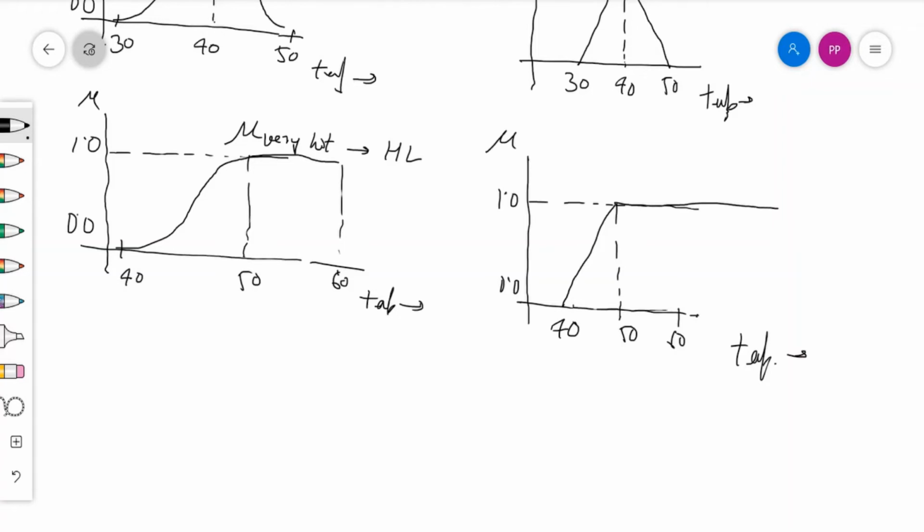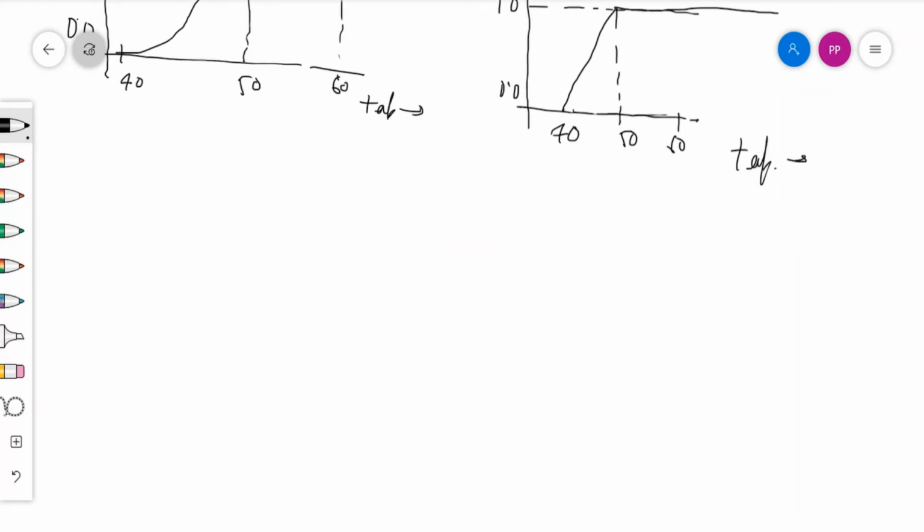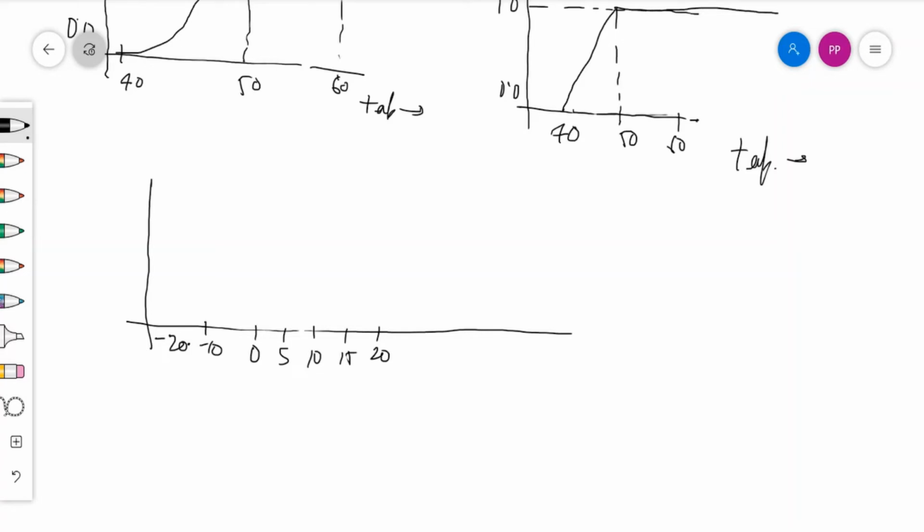Now if you see the plot many times in the book, you will see the combination of the plots. So let me draw the curve first. We have gone from the range of minus 20 degrees Celsius to 60 degrees Celsius. You start from minus 20, then minus 10, then 0, then 10, in between there is 5, then 20, in between there is 15, then 30, then 40, then 50, then 60 and beyond.